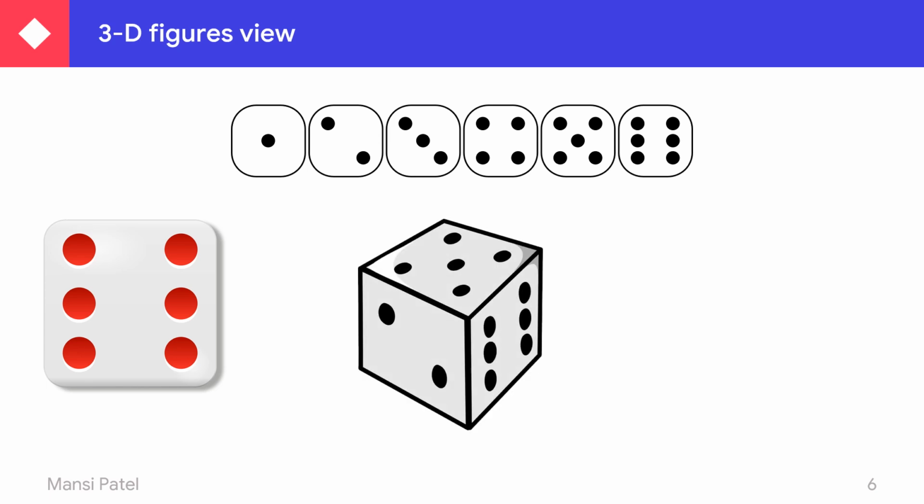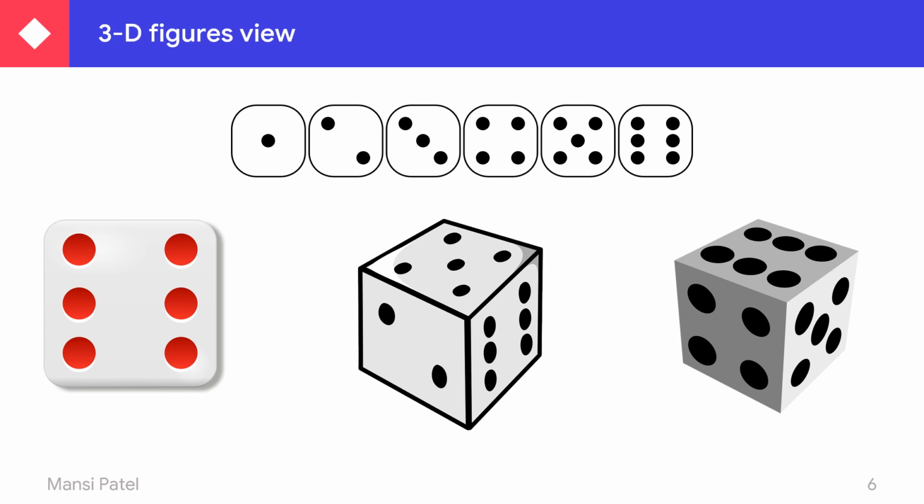See the second figure. In the second figure, you can see three faces of a dice at one time. But at the same time, you can't see the other three faces.